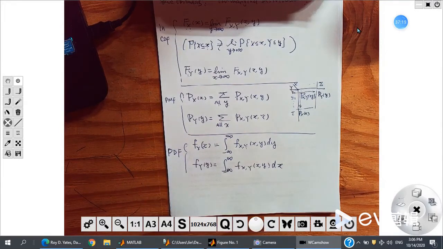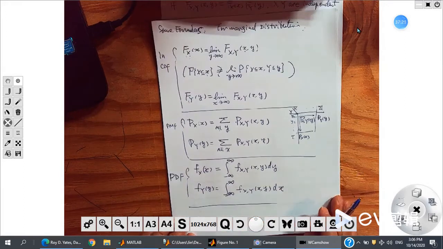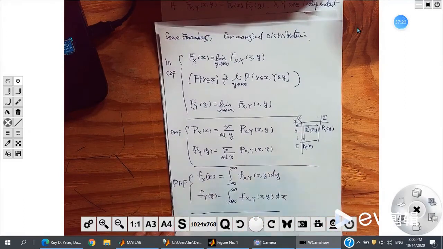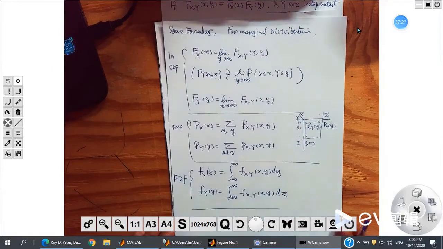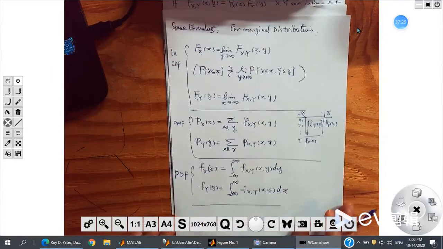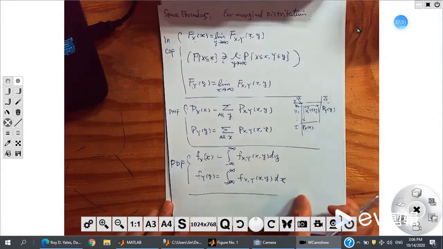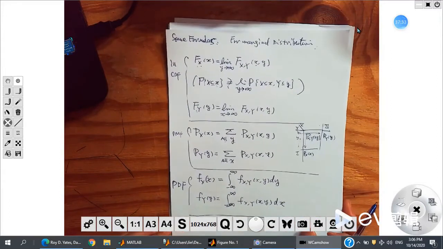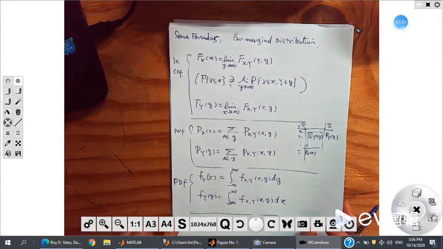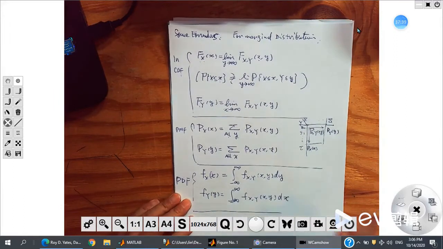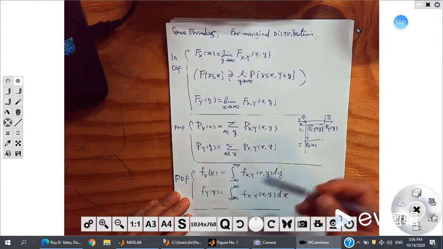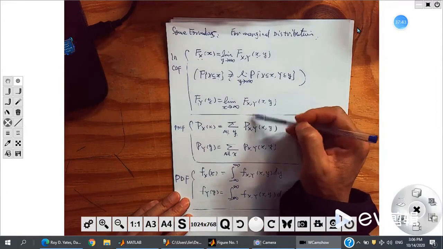So we have some formulas for marginal distribution. We can have these things. When it is necessary, you can try to find the marginal distribution based on the joint distribution.